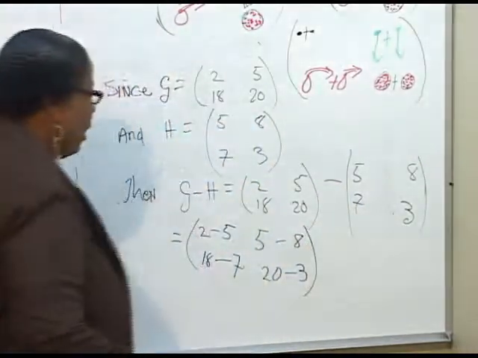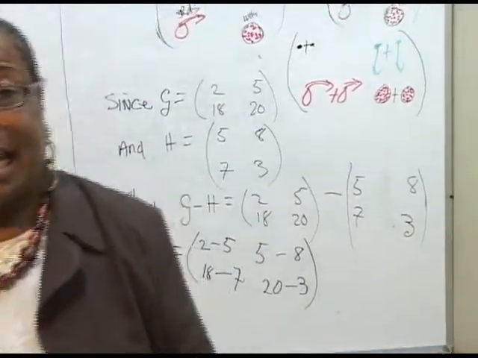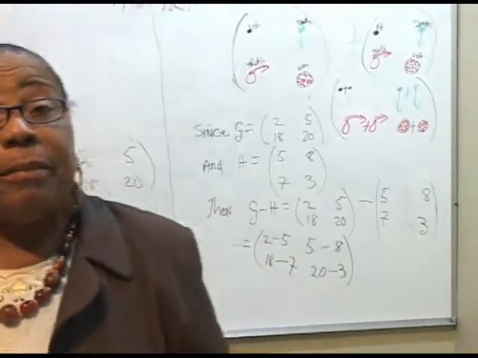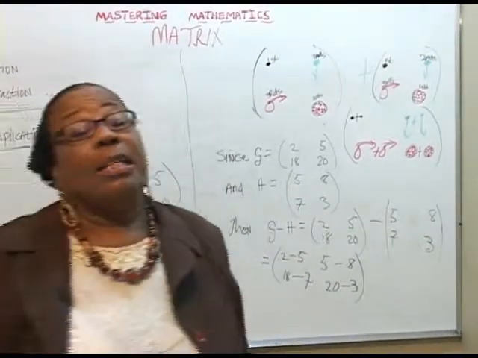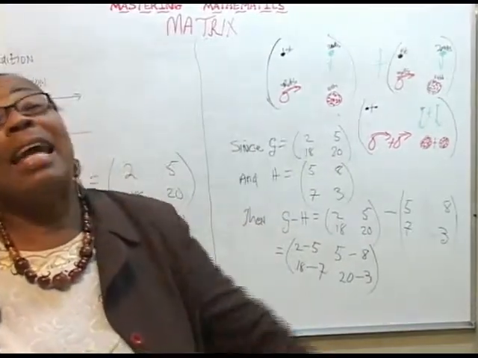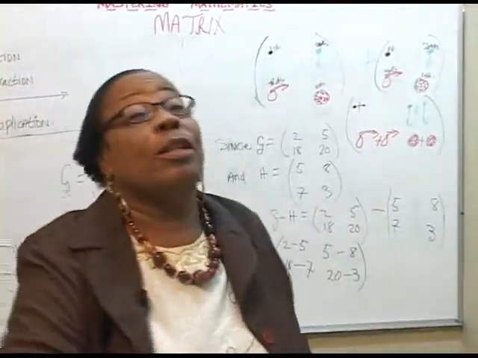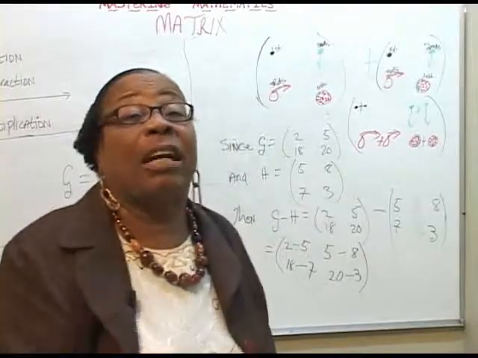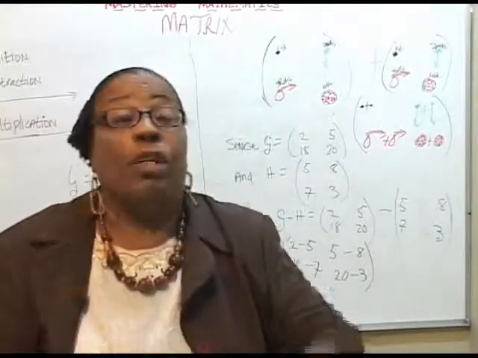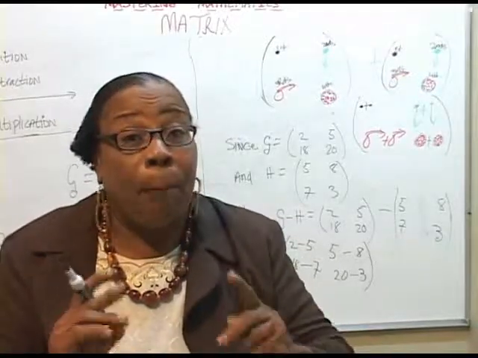Now, this is the area in which students are in trouble. Because as far as they're concerned, psychologically, they think anyway they see the big number, doesn't matter if it's first or if it's second, they must start with the big number. No. The ordering is important.